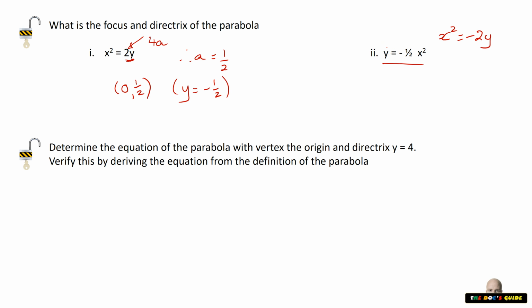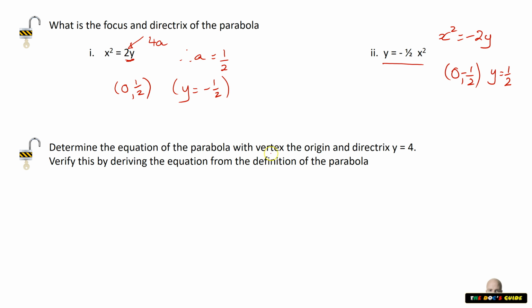When we multiply this across, then that means that 4a is negative 2. Sorry, 4a is 2, but the negative tells us that it's concave down. So the focus is inside the parabola at 0, minus a half, and the directrix is at y equals plus a half. You may want to do these by just convincing yourself of this with a sketch.